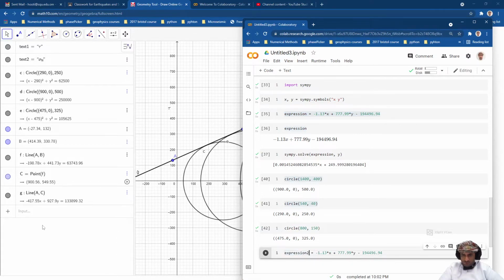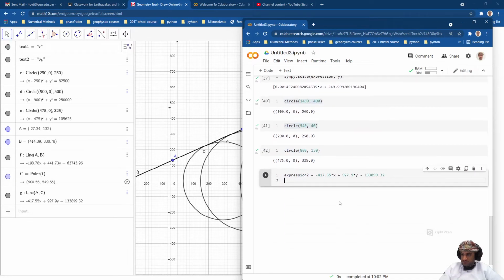So expression 2, I have this value for the x is minus 417.55, 927.9, and finally minus 133,899.32.